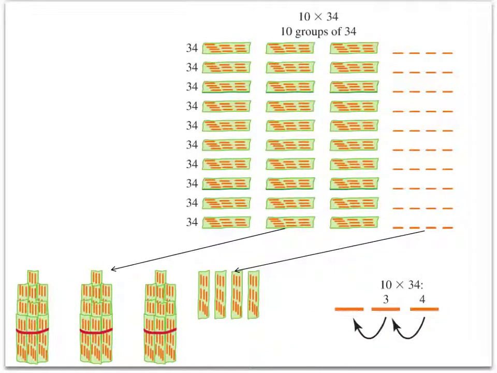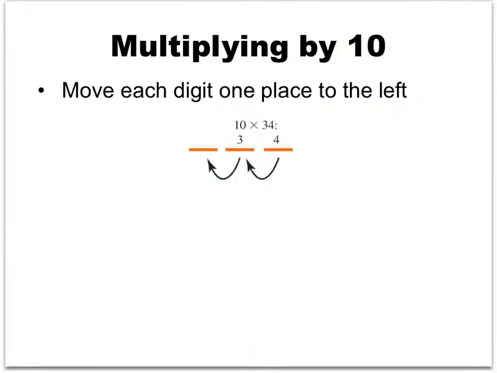We see that the originally 3 bundles of 10 in each one of our groups got moved over to the hundreds place. And then in each bundle we had 4 individual toothpicks, and so they got moved over to the tens place.